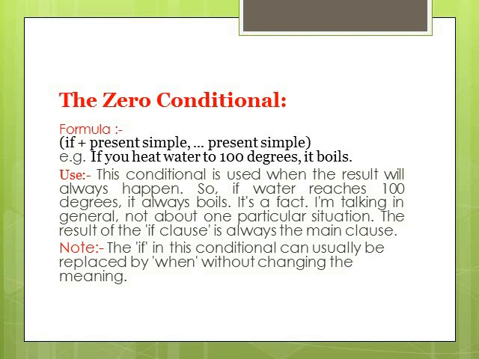The result is also formed in the present simple. That's why we call it zero. We use it when you are sure about the result, and you are talking in general.